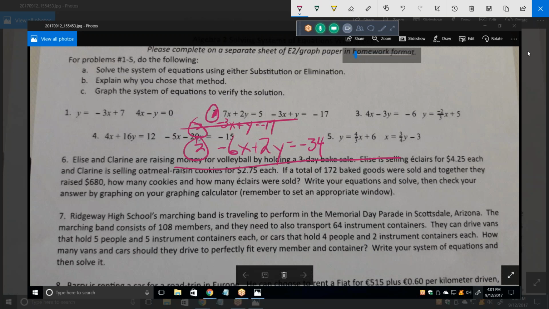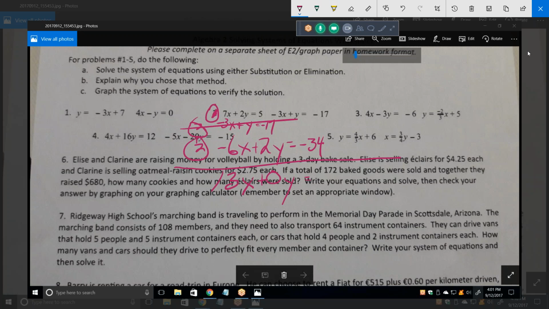So what's 7x minus a minus 6x? I've already decided I've got to subtract them because I want 0y. So that's 13x plus 0y equals, what's the number going to be?